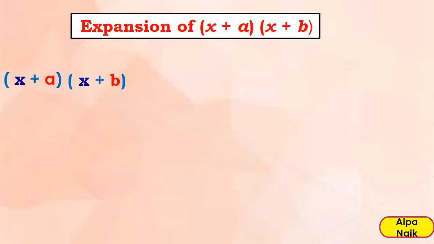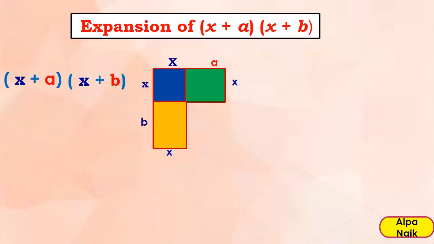Now expansion of x plus a into x plus b. Here in both these brackets, the second term is different, that is a and b. Let's understand with the help of a geometrical figure. Draw a square having the side x. Now to this x you add a rectangle having the length a and breadth x.